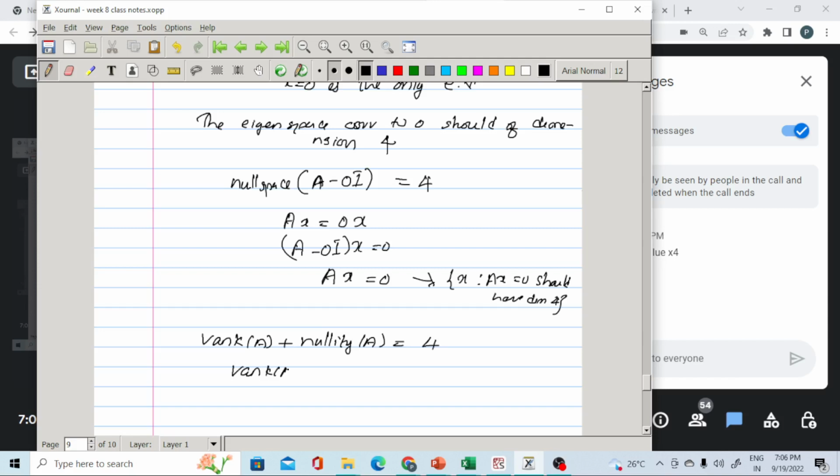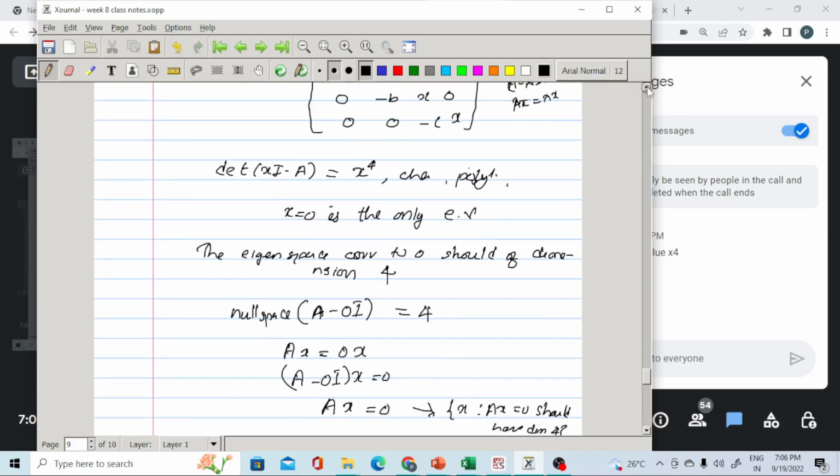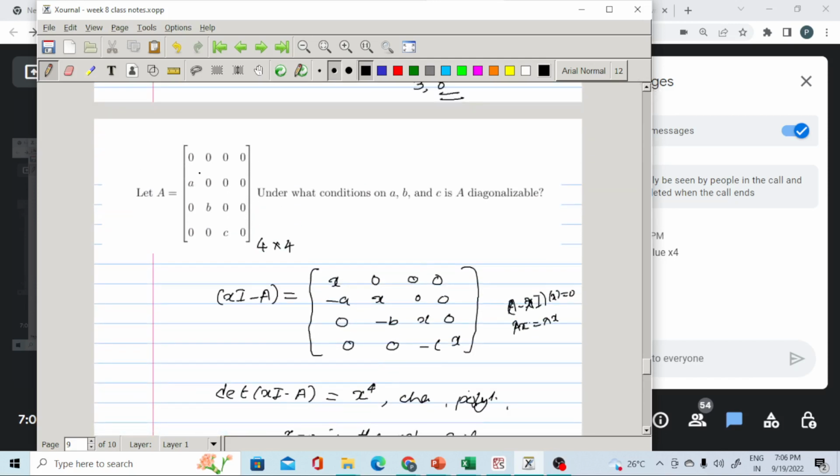Here the nullity of A is 4, so rank A plus nullity of A being 4 means rank A should be 0. So in order for the rank to be 0, all the values a, b and c should be 0. Then only the rank of this matrix will be 0. Okay.